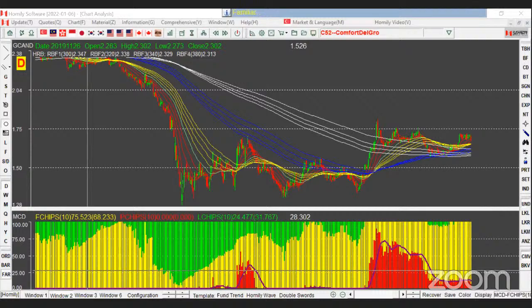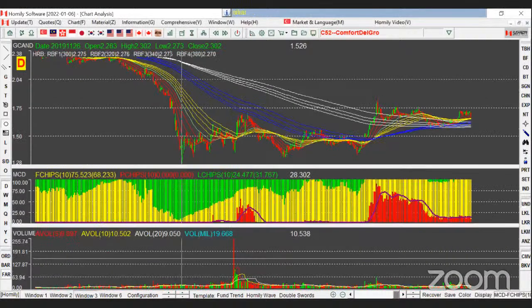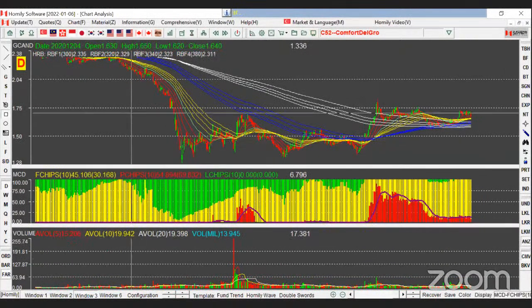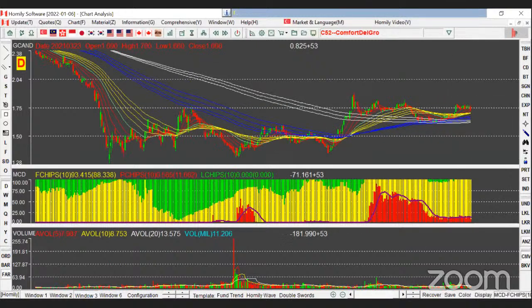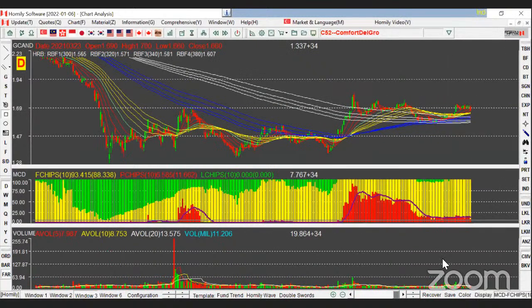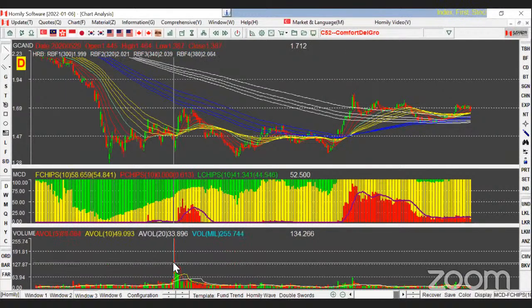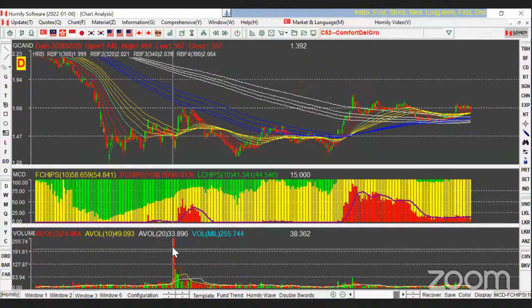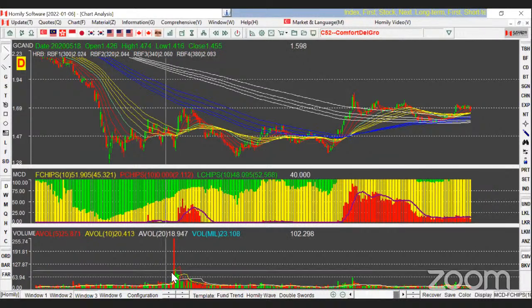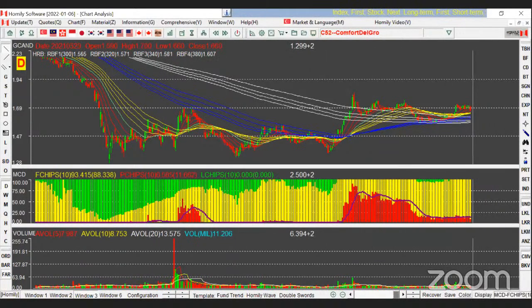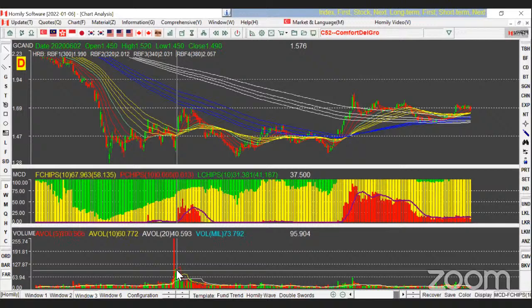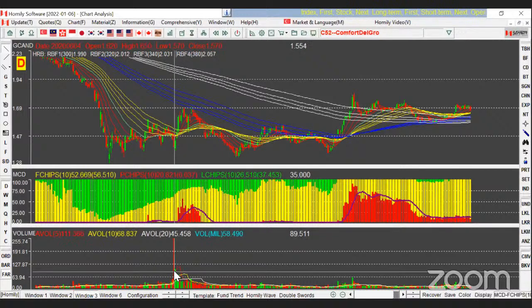And if we also check the volume, you can see that during a very long time, this is a very big volume. This is an extremely big volume, the biggest, and it's obviously higher than all the rest, right?